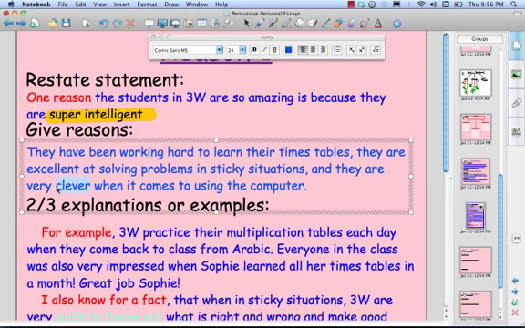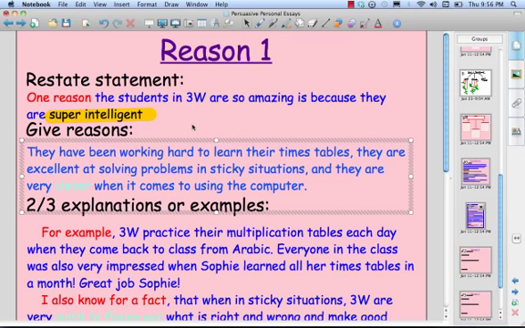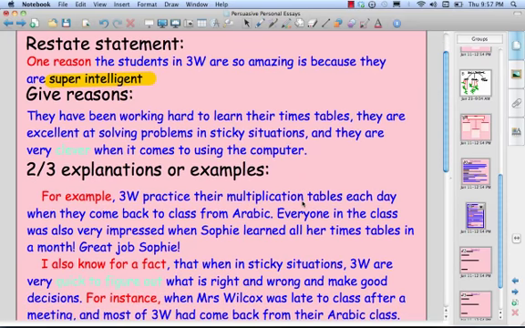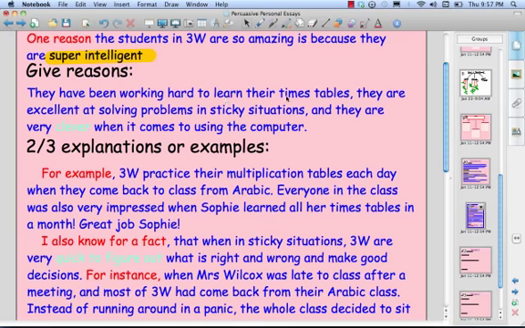So I'm going to change that one into a blue to show you that that is another word that is synonymous to the word intelligent. And throughout my essay, I'll be using this blue color to show you words that are synonymous to intelligent. It's important that you keep those words throughout your essay, just to remind people of what your reason was in the first place. So, they have been working hard to learn the times tables, they are excellent at solving problems in sticky situations, and they are very clever when it comes to using the computer.